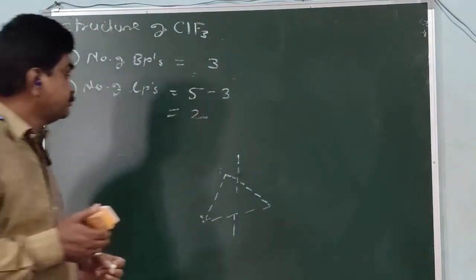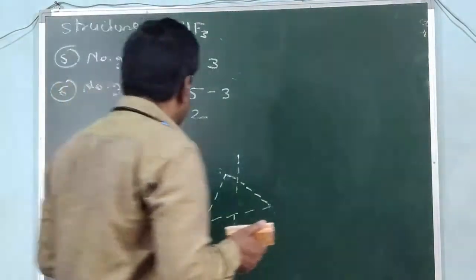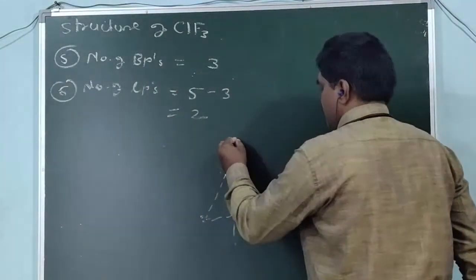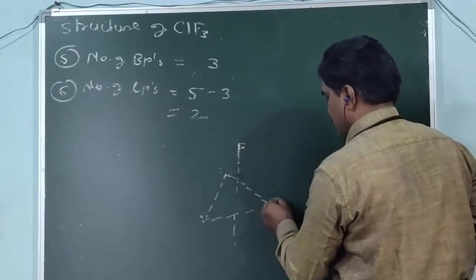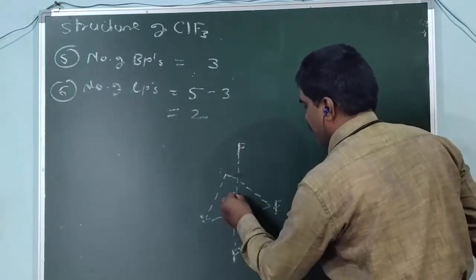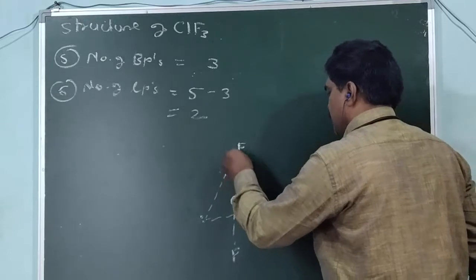Now the remaining atoms are like this: F, F, F, and there is a central Cl.